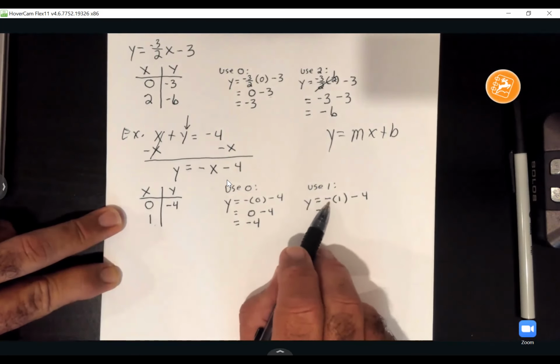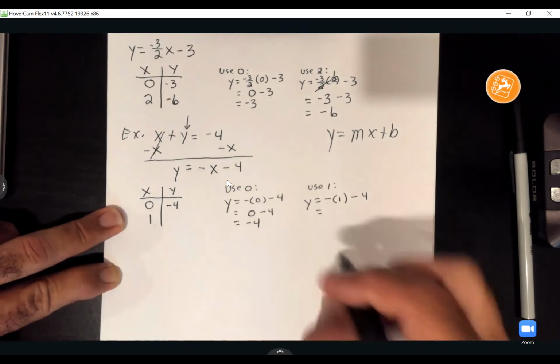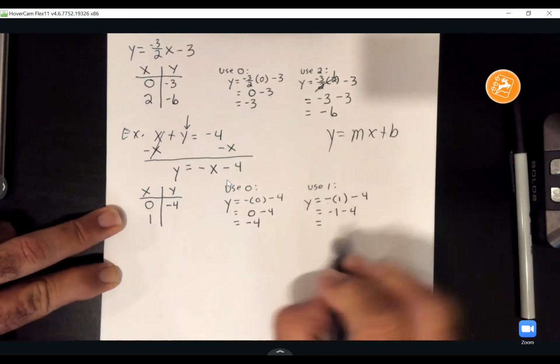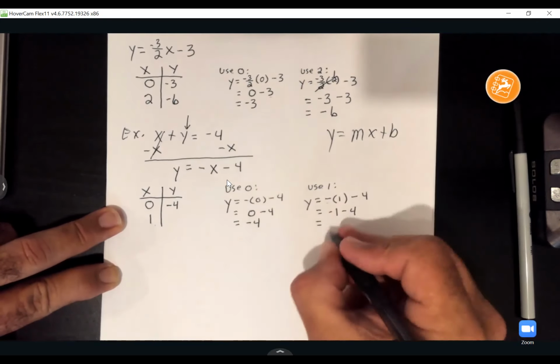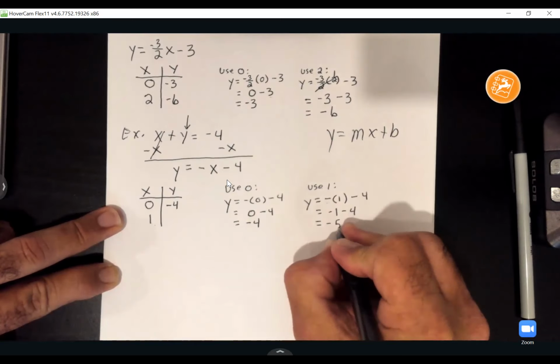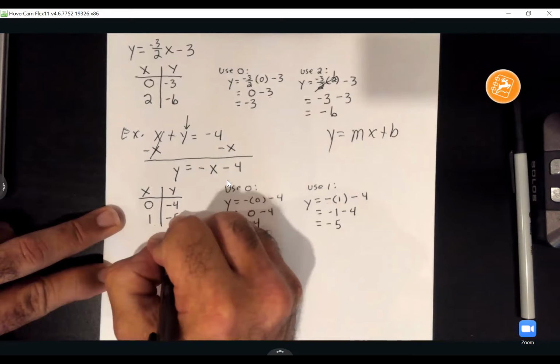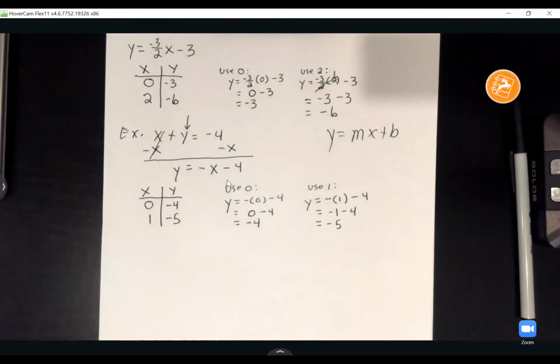You got to put the negative there when you first start. So that negative times that positive 1 makes that a -1 minus 4. And remember, -1 minus 4 is a -5. So when x is 1, y is a -5.